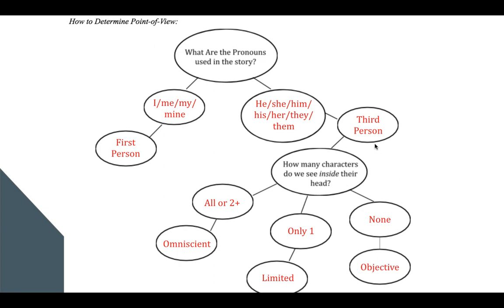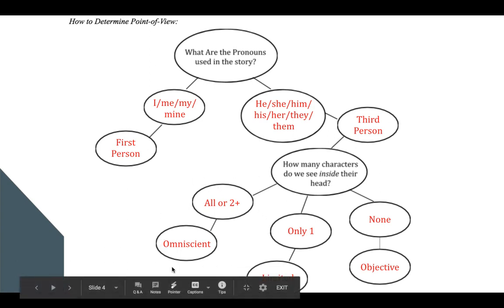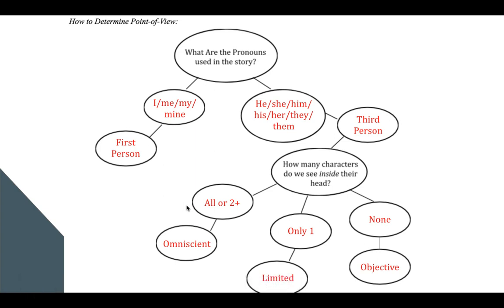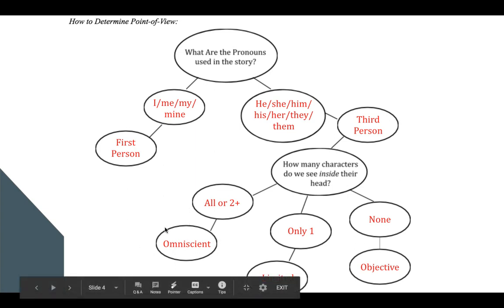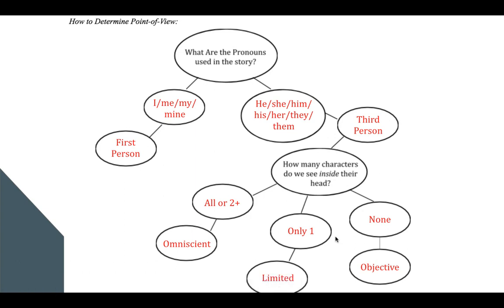Now, when we are trying to figure out which kind of outside narrator, we want to think about what does that narrator know? How many characters can we see inside their head? If they can see in all of the characters, if they know every character's thoughts and feelings, then we know it's called omniscient, which means all-knowing. Sometimes the narrator might only know the perspective of one character, like Harry Potter.